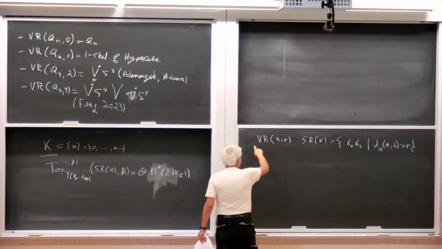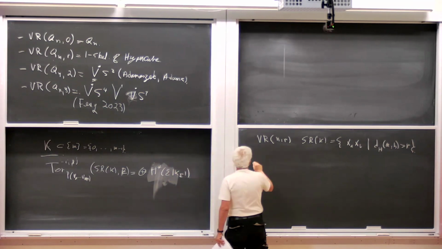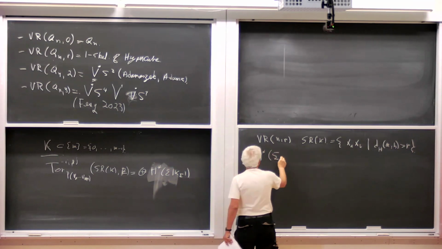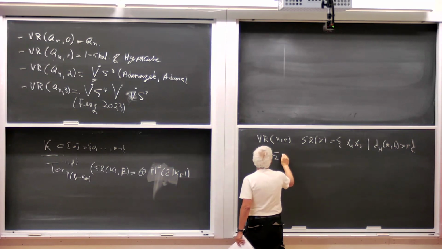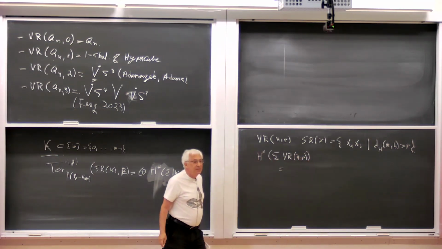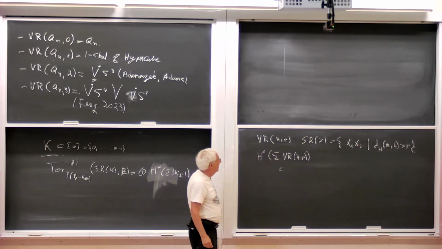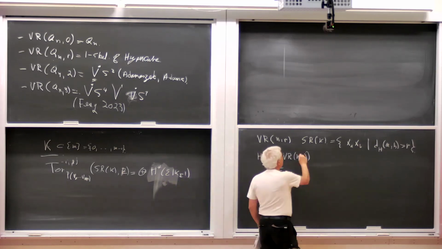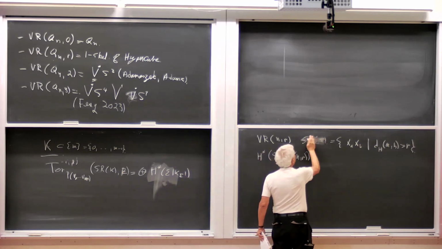Using this idea, we can describe the cohomology of the suspension of the Stanley-Reisner ring. This is the Stanley-Reisner ideal, correct.